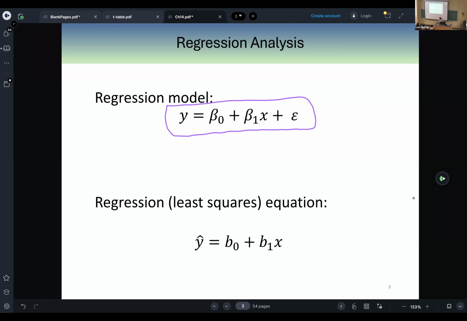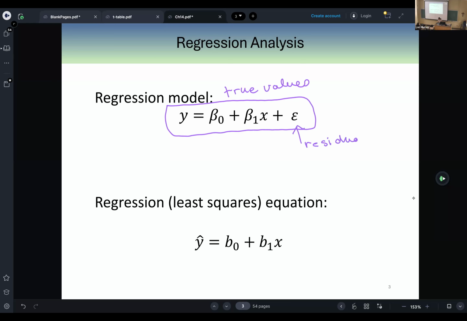And those are beta. So these are the true values. No y hat, it's the truth. So beta naught, beta 1. Beta naught is our intercept, beta 1 is our slope, and then we have epsilon, which is our residual.